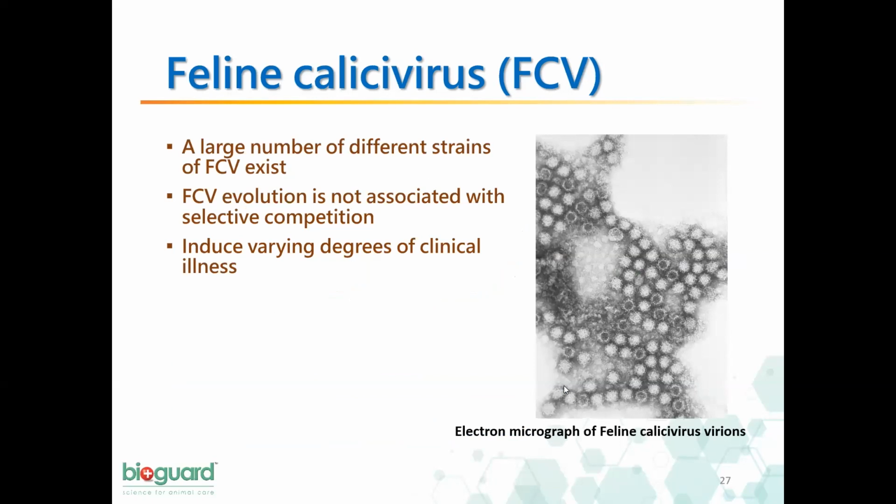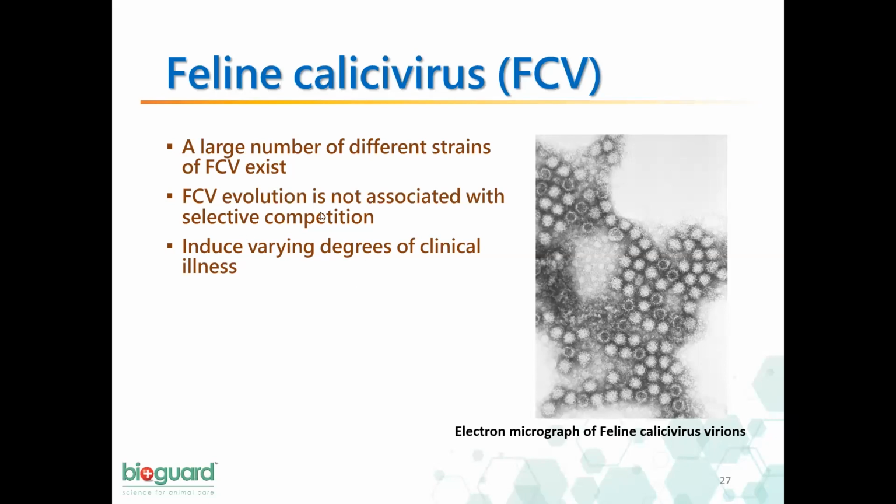A large number of different strains of FCV exist in the environment. This is because each time a cat gets infected by feline calicivirus, the virus evolves its own strains in the cat's body. When this new strain enters the environment, it infects other cats, and different strains get circulated in the environment.